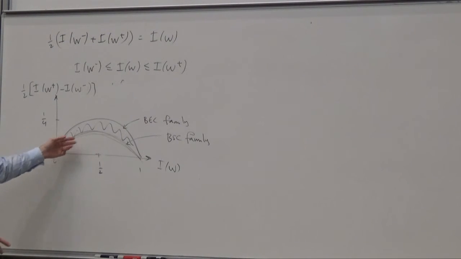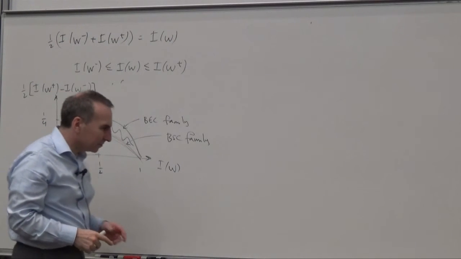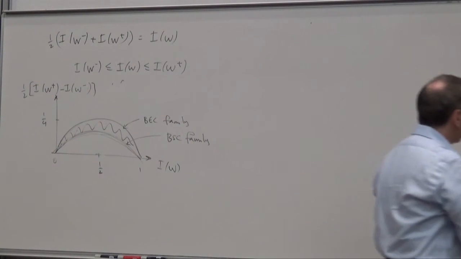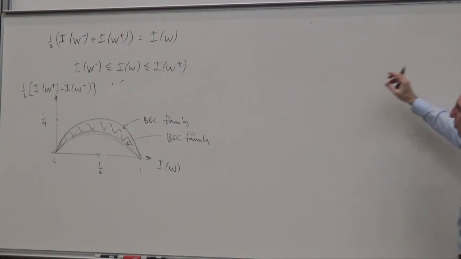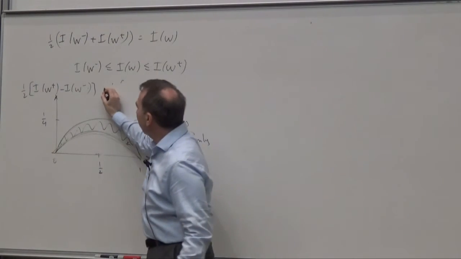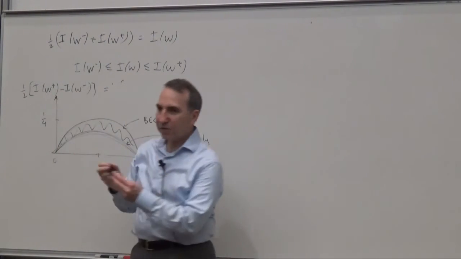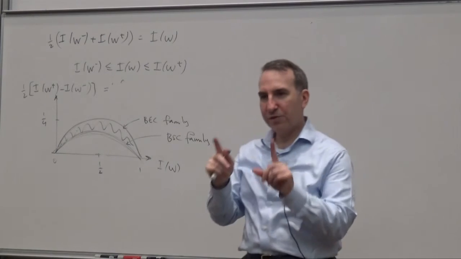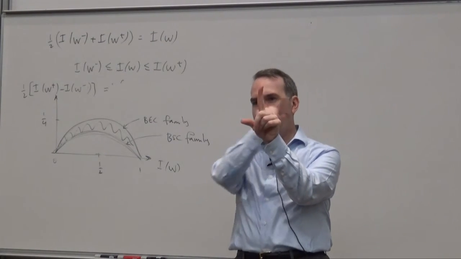So now, we do this. Now first of all, notice the following thing. You have these three quantities, IW, IW minus, and IW plus.